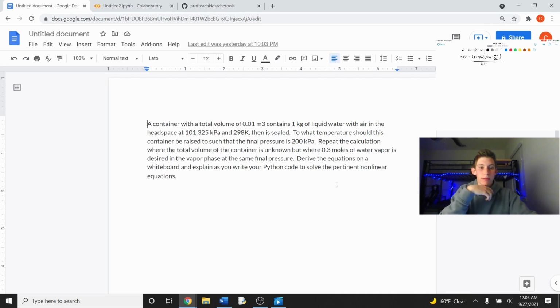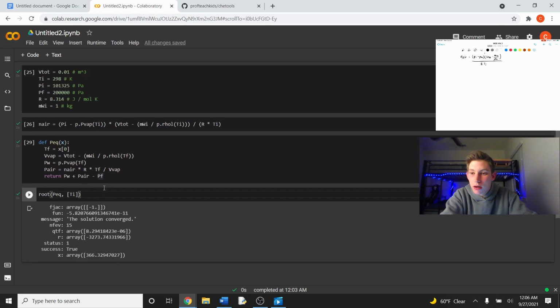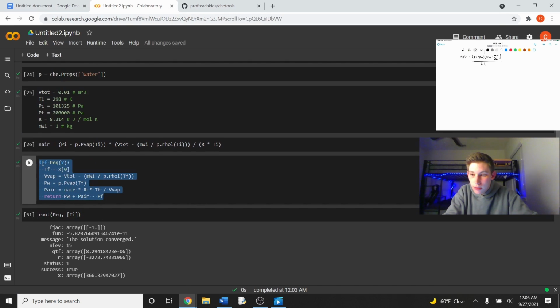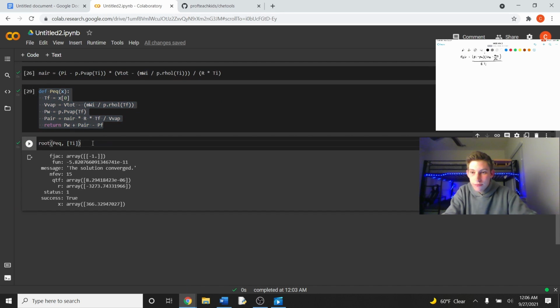So now that we have our first problem figured out with this root, we can look at our second problem, and it's essentially the same idea, except we're going to have two unknowns. Our final temperature is going to be unknown, and now our final volume. We know that 0.3 moles of water vapor is going to be desired, and we're going to have the same final pressure. So we can look at our function here and copy this down.